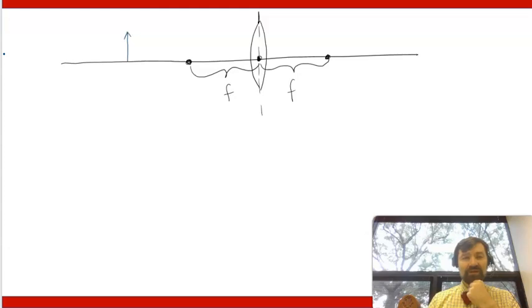I'm going to draw the object in blue like this. So this is my object. This distance from here to the lens would be my DO.